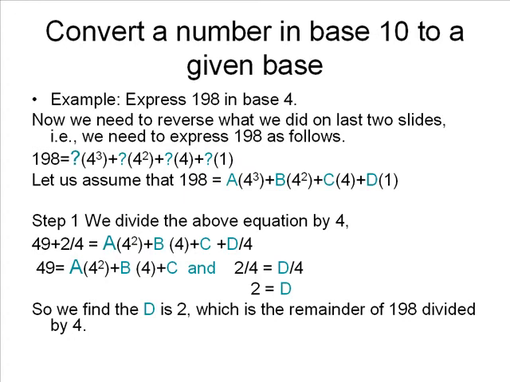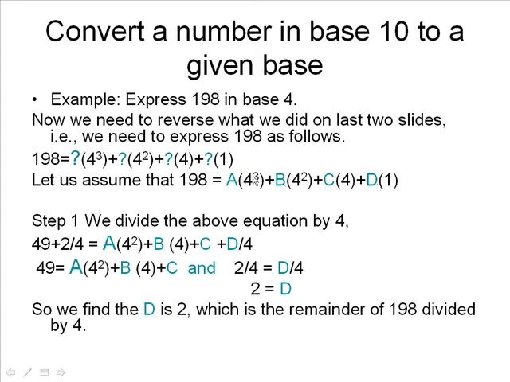The reverse problem: we want to convert a base 10 number to a given base. For example, express 198 in base 4. So we have to reverse what we did before. We may assume the number has 4 digits, A, B, C, D. A represents 4 cubed, B represents 4 squared, C represents 4, and D represents 1.